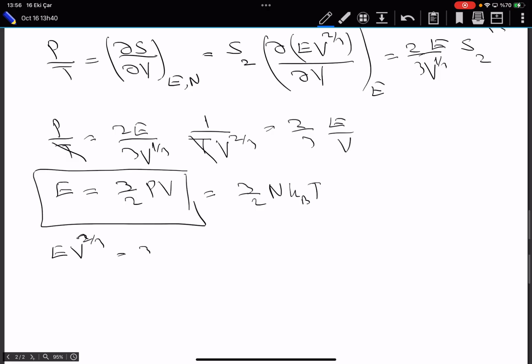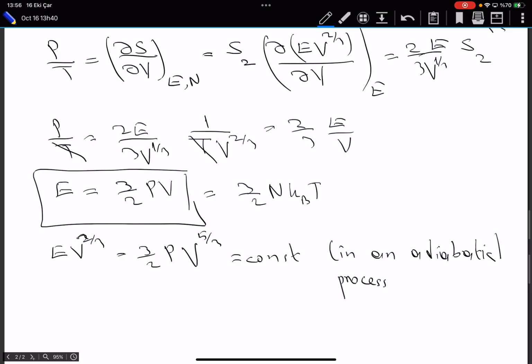But this is 3/2 P times V to the power 5/3, which is constant. So I already have the adiabatic constant without doing any complicated computation. So any questions up to here?